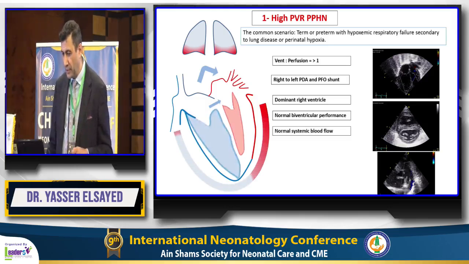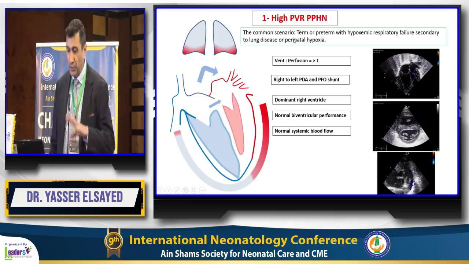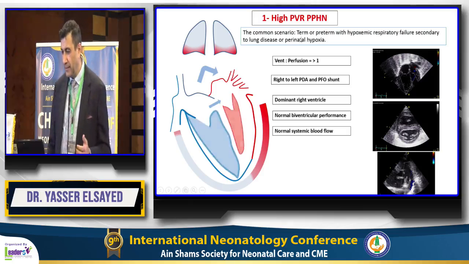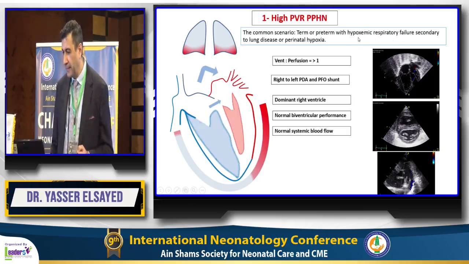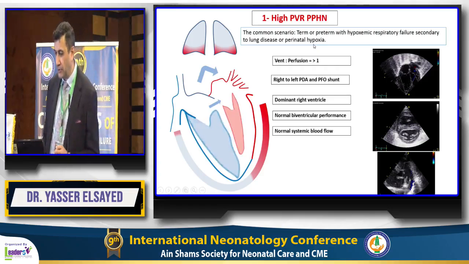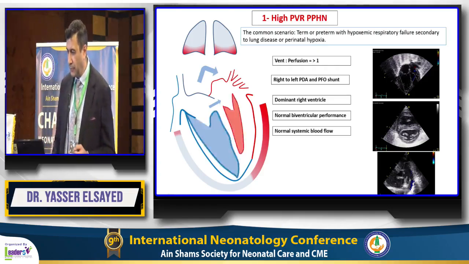There is no hypotension. A common scenario here is a term or preterm infant with hypoxemic respiratory failure, secondary to lung disease, or due to perinatal asphyxia or hypoxia. So perinatal hypoxia, did not get enough oxygen, or secondary to lung disease.